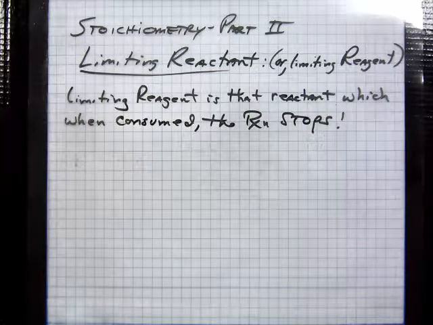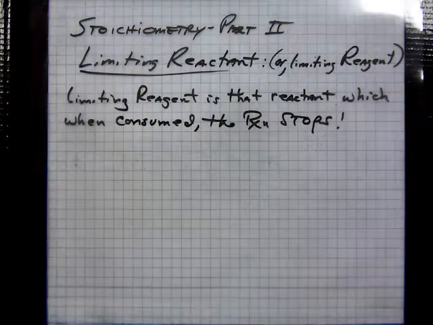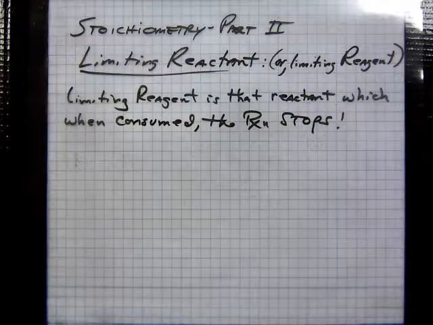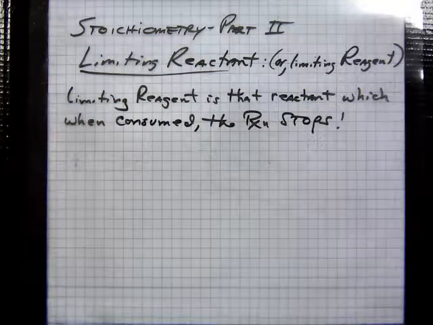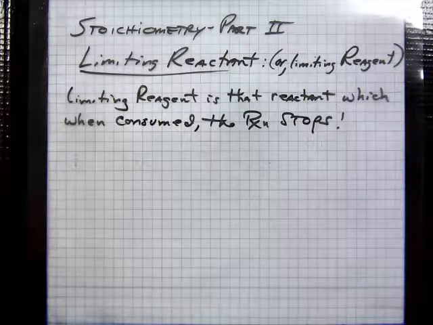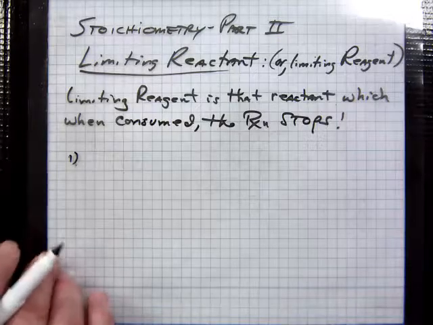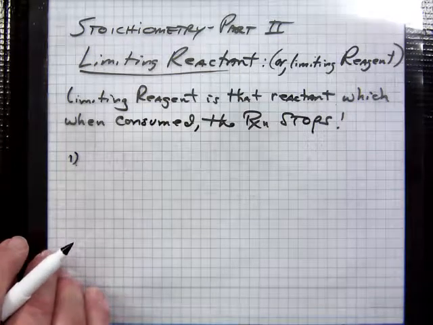The problem we want to deal with is this first one right in here, and it's got a set of questions that are typical for limiting reagent type problems. Number one is write the balanced equation for lead nitrate and sodium iodide.